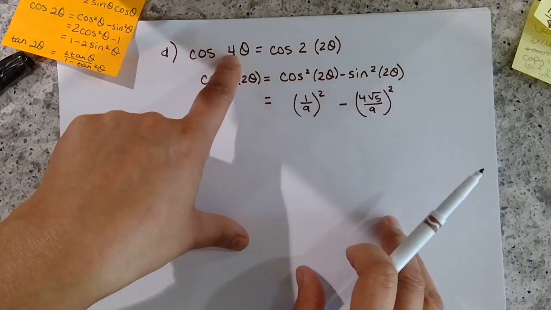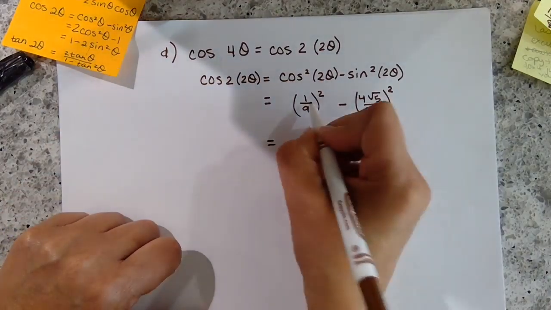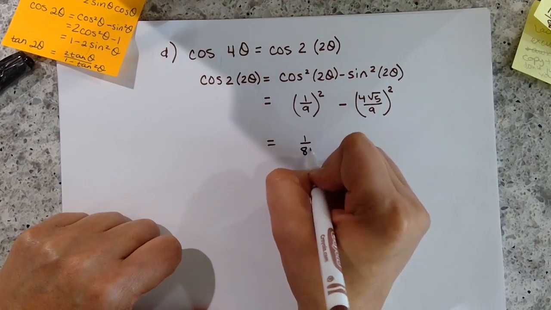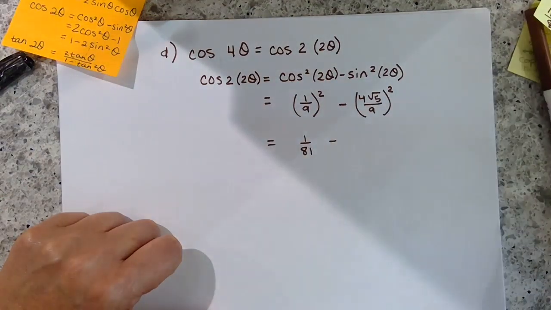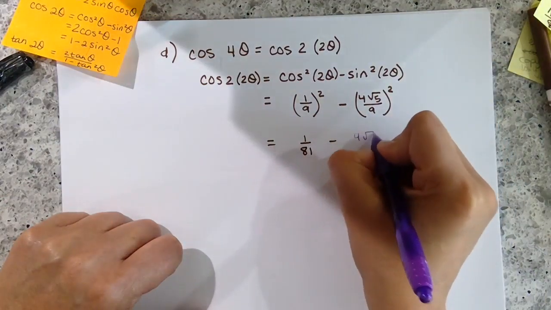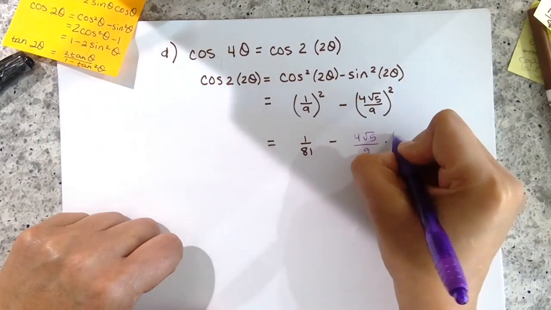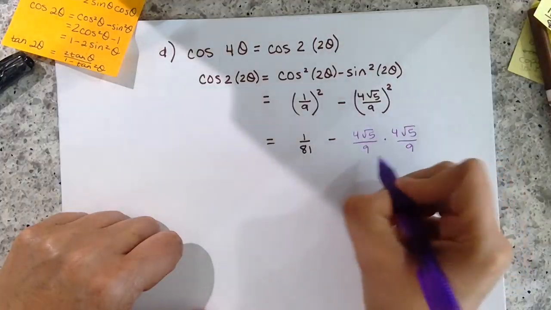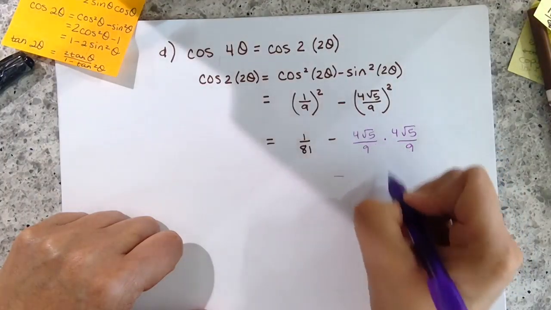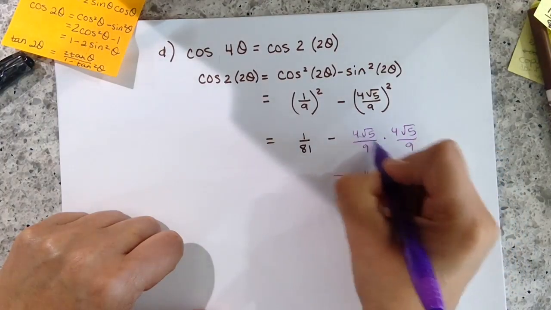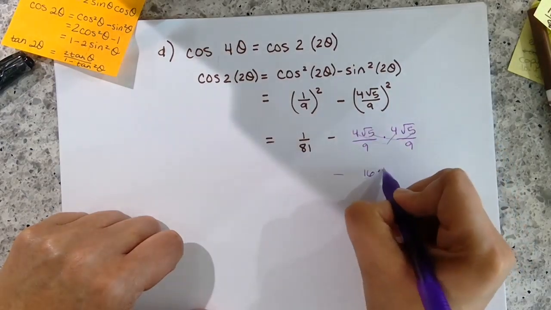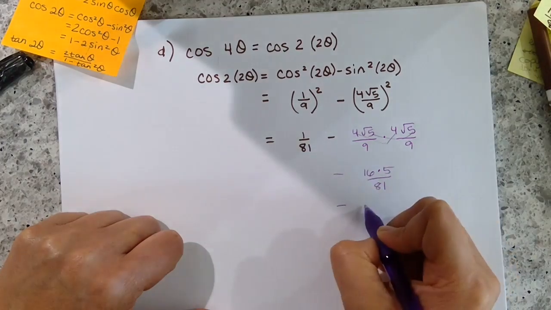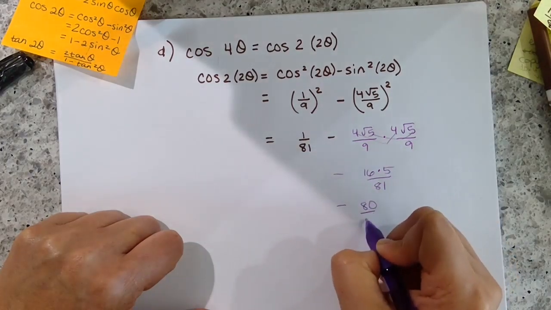So to figure out 4 theta, do your math. So this is just 1/81. This one turns out to be 4 square root of 5/9 times 4 square root of 5/9. So this is just going to give you 4 times 4 is 16, 5 times 5 is 25, over 81. So that's going to be 16 times 5, whatever that is.